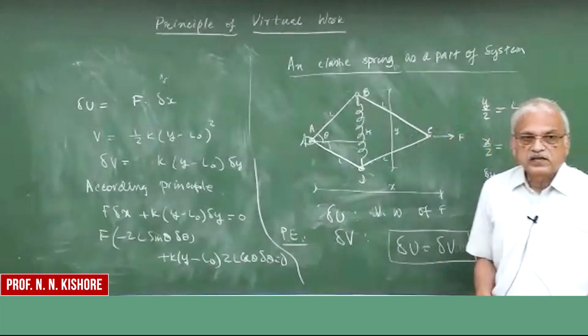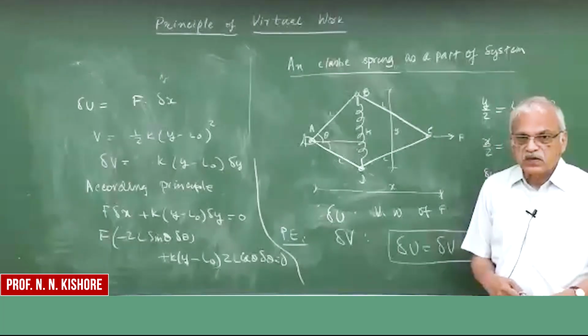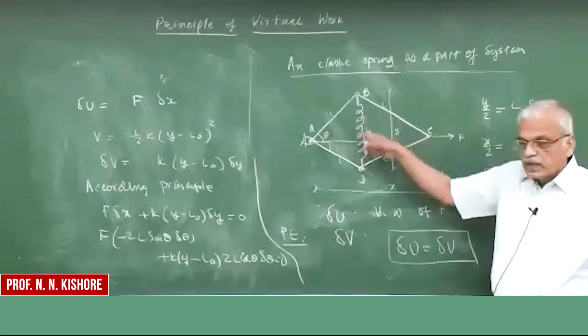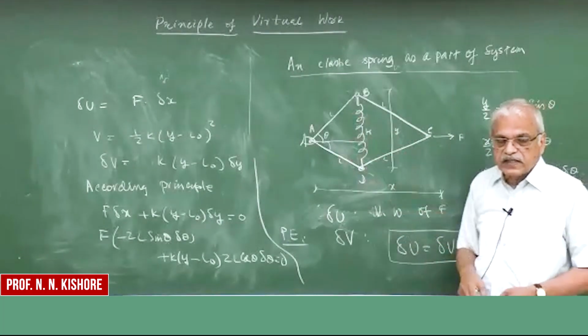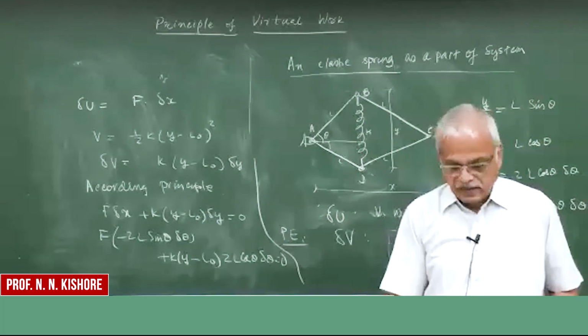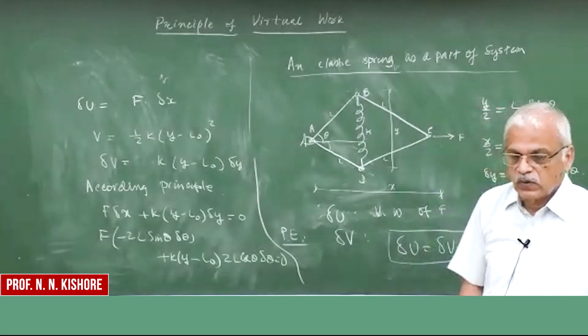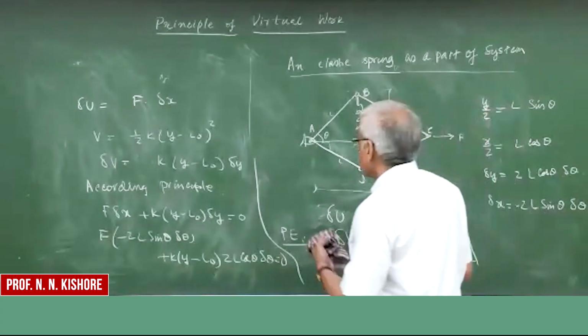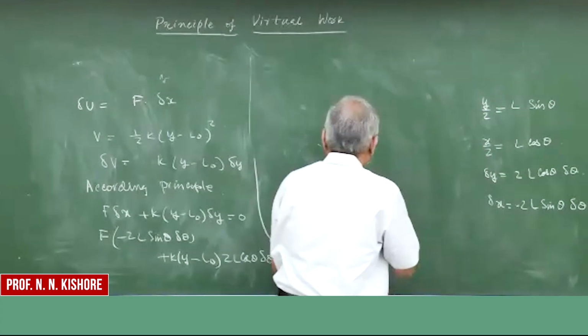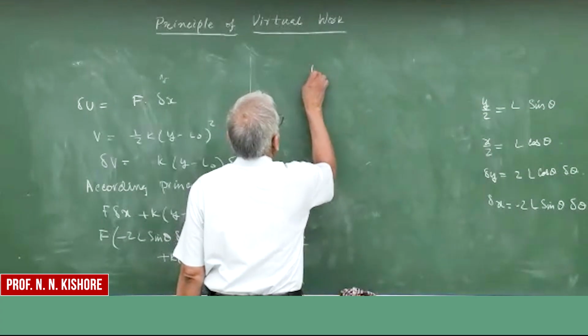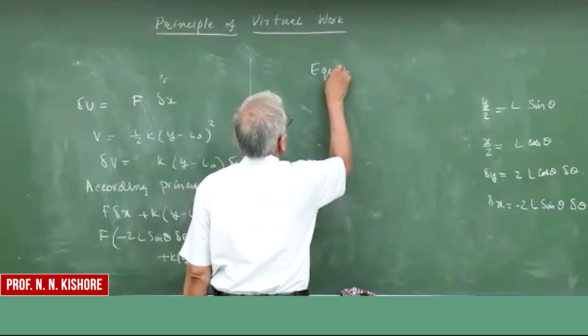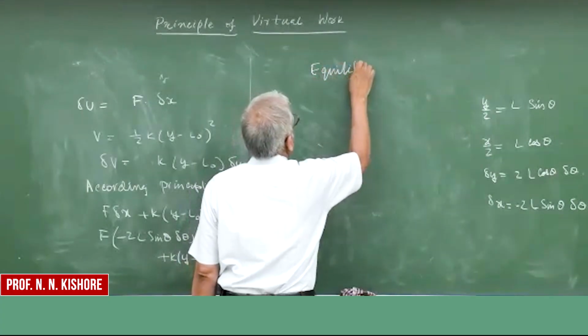Okay, so thus we can extend our principle of virtual work to a system which consists of some members where elastic energy can be stored. Interestingly, let's consider a little bit of classification.